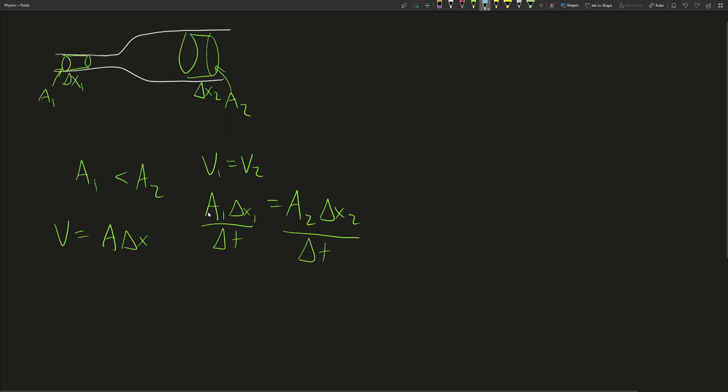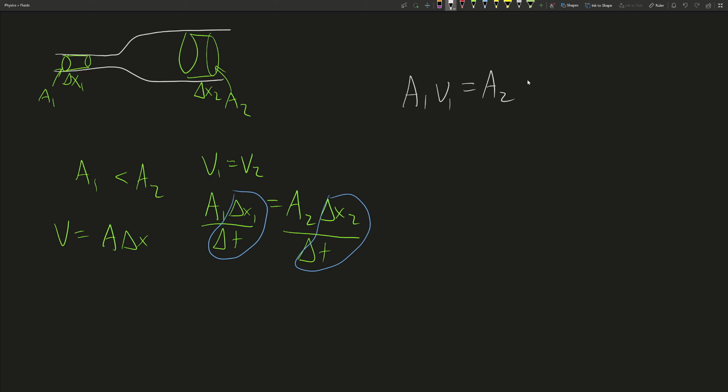And now, if we look here, this is just velocity, change in position over time. So we can rewrite this as area 1 times velocity of the fluid at point 1 is equal to the area of this tube at point 2 times the velocity at point 2. And so this is also a continuity equation.